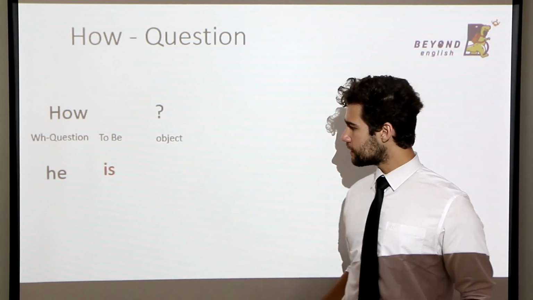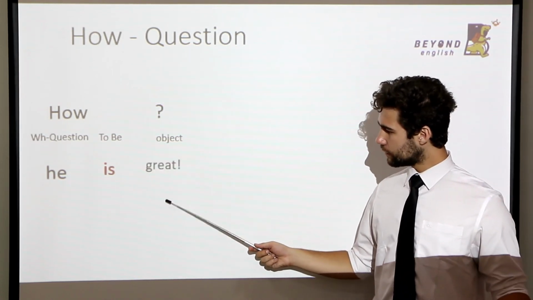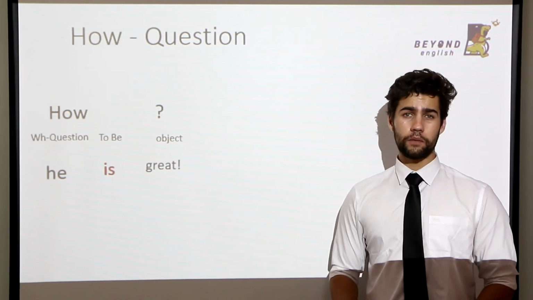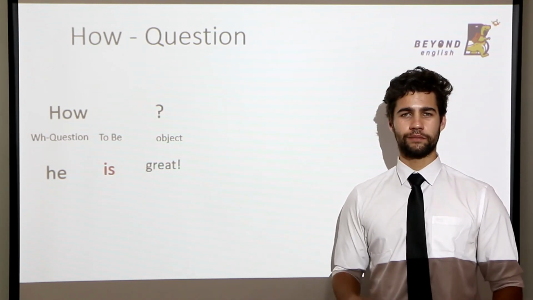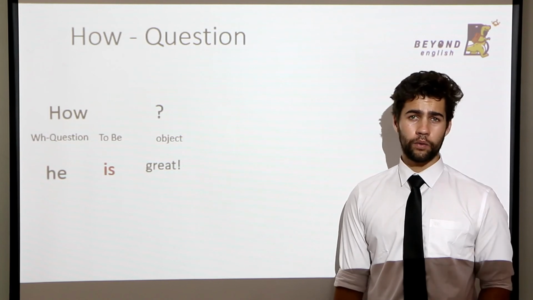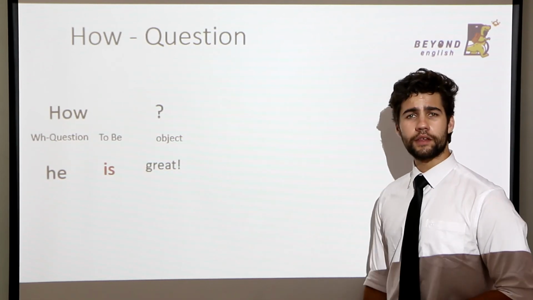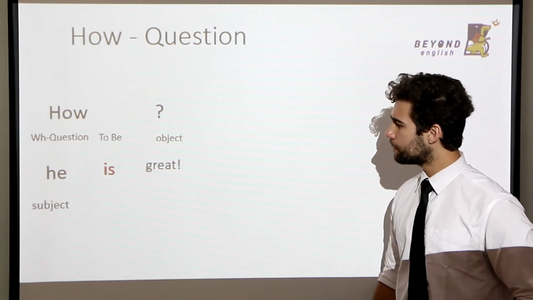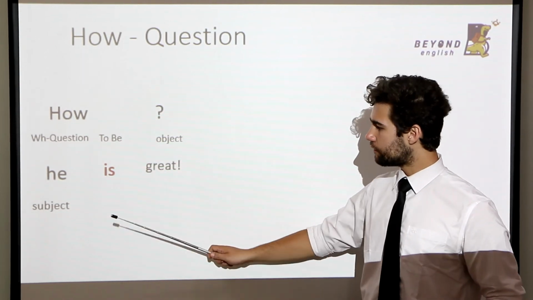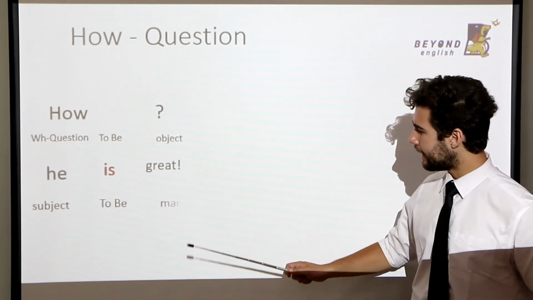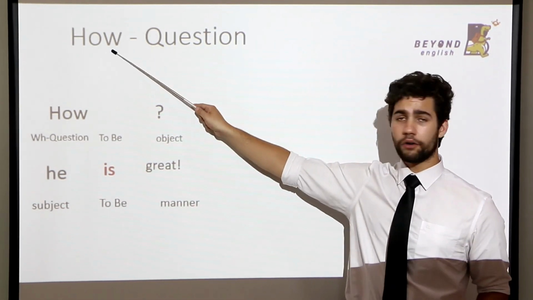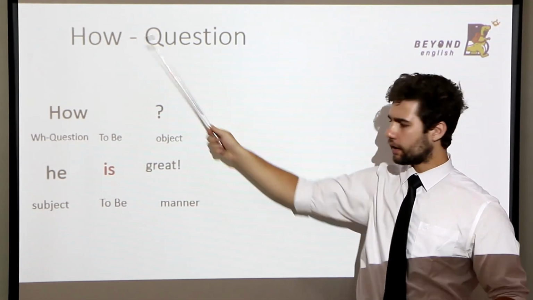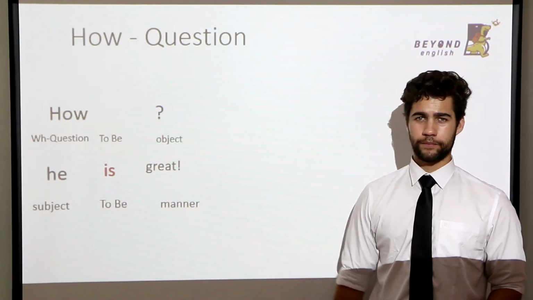So, he is great. Say it with me. He is great. Well done. Now, again, the structure for this is the same. So, subject, verb to be, and the manner. Remember, how always talks about manner.